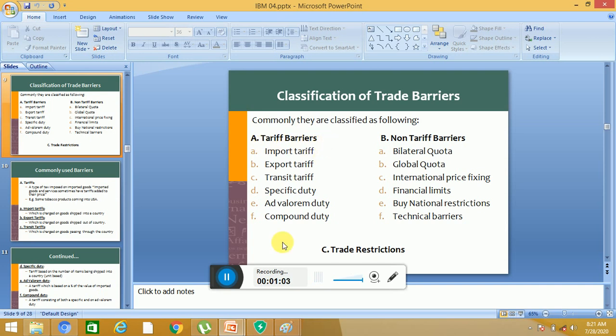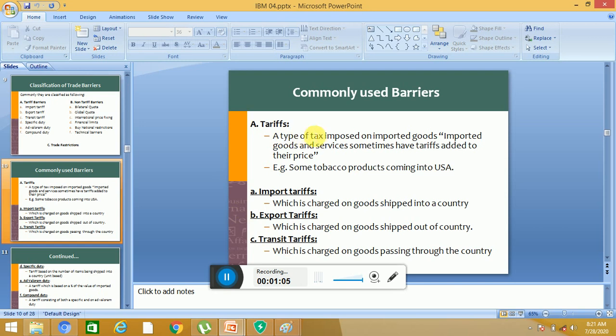First of all, what is a tariff? A type of tax imposed on imported goods. When goods are imported into your country, the government of the importing country charges a tax. This tax is called a tariff.